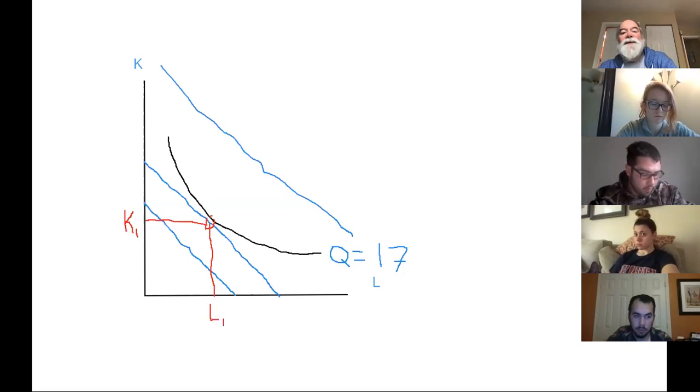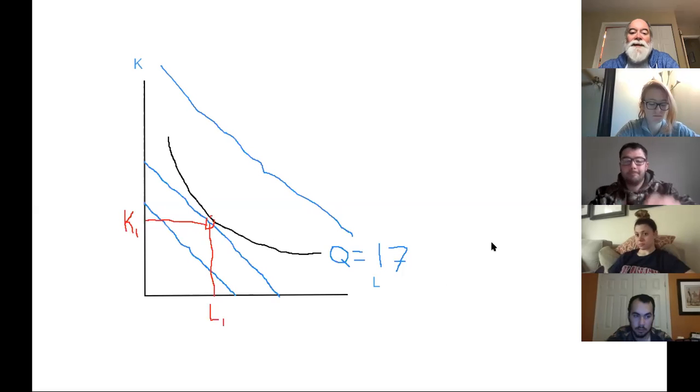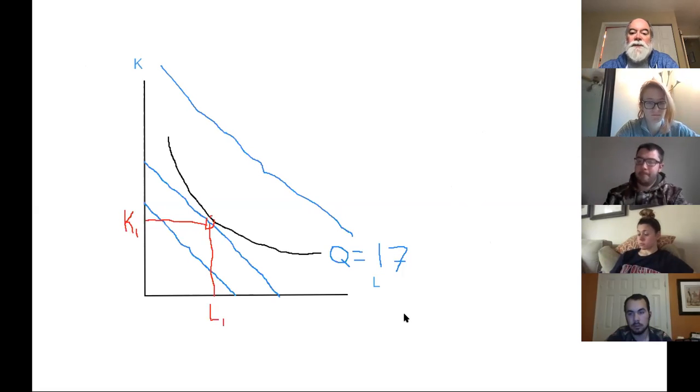Does anyone remember what the slope of a budget line is for a consumer? Boy, micro really sank in with you guys. The slope of a budget line is the ratio of P1 to P2, where whatever's on the vertical axis is the second good, and whatever's on the horizontal axis is the first good.